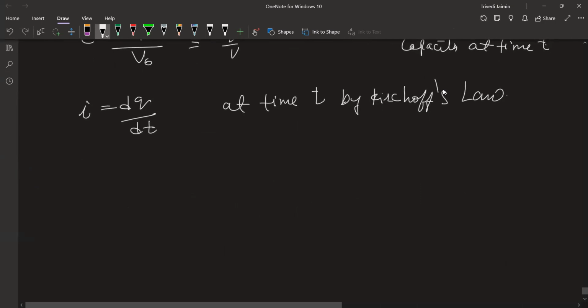if we differentiate this one, V naught minus R dq by dt minus q by C equals 0.